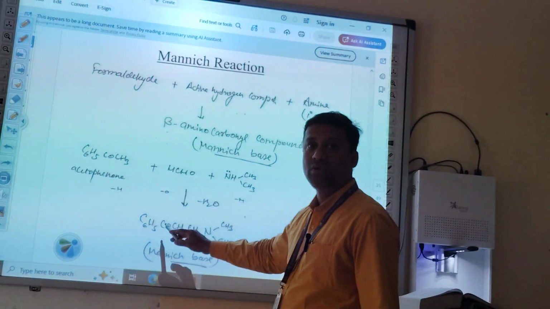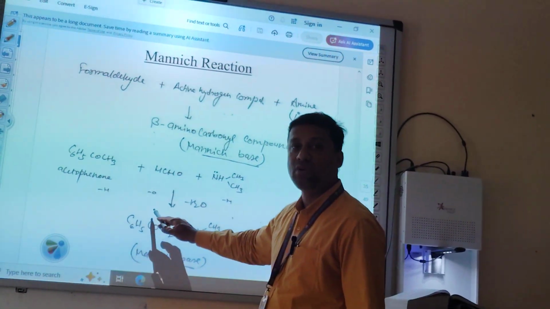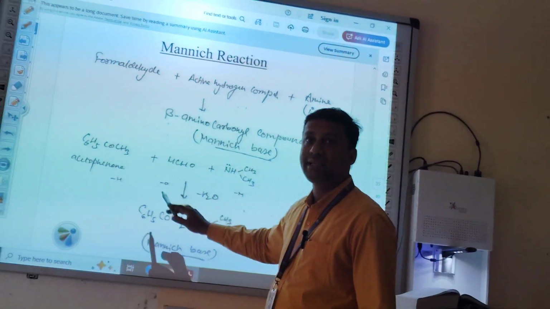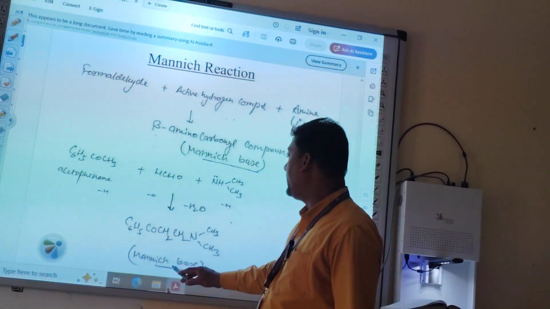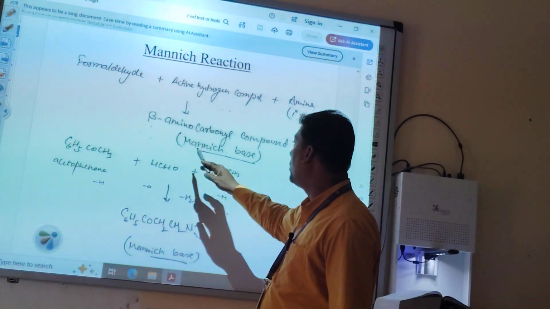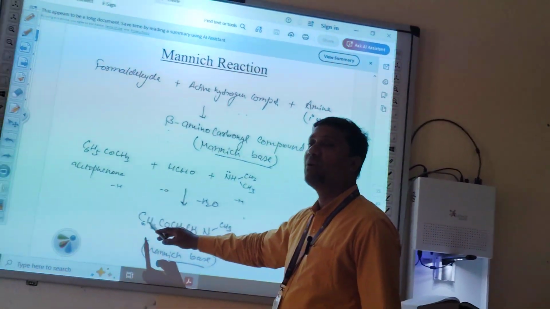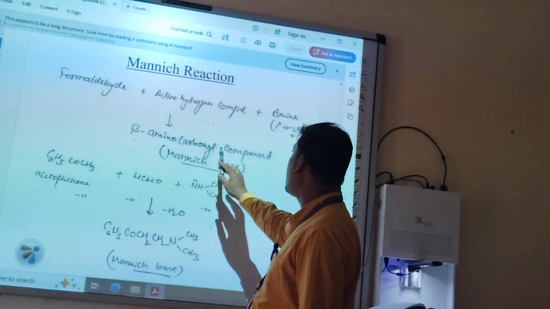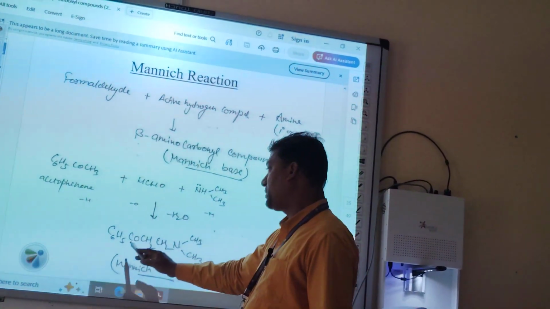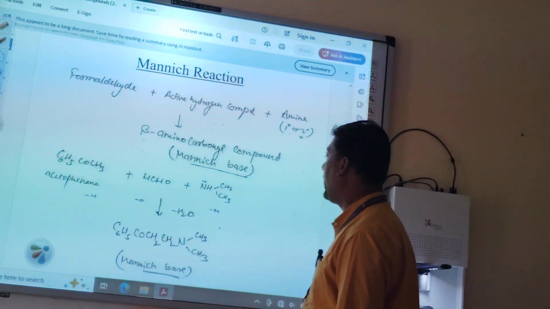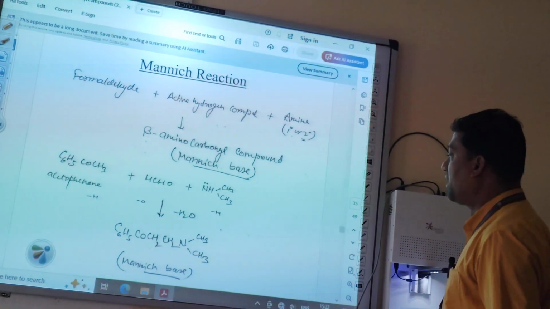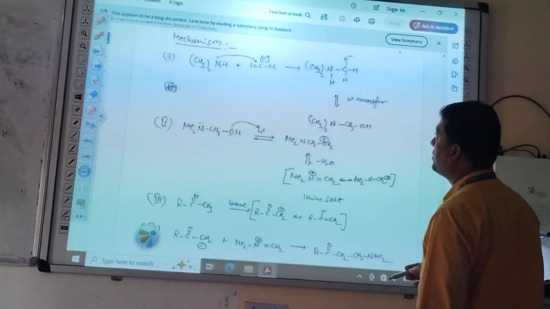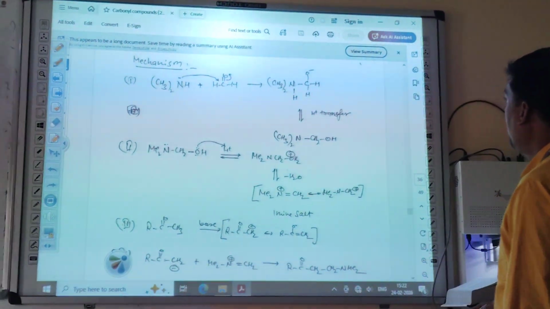This compound contains the carbonyl group, C double bond O, that's why it is a carbonyl compound, and it is beta amino. The amine is attached to the beta carbon. That's why it is known as beta amino carbonyl compound. C6H5CO, CH2, CH2, N(CH3)2, that is known as Mannich base. That's why it is known as Mannich reaction.